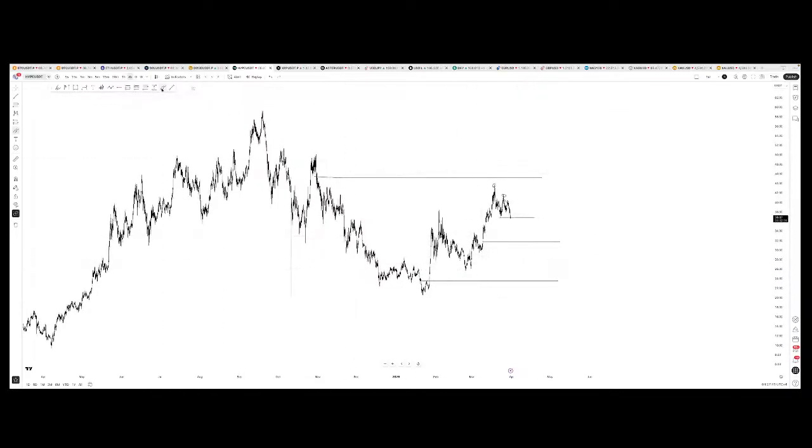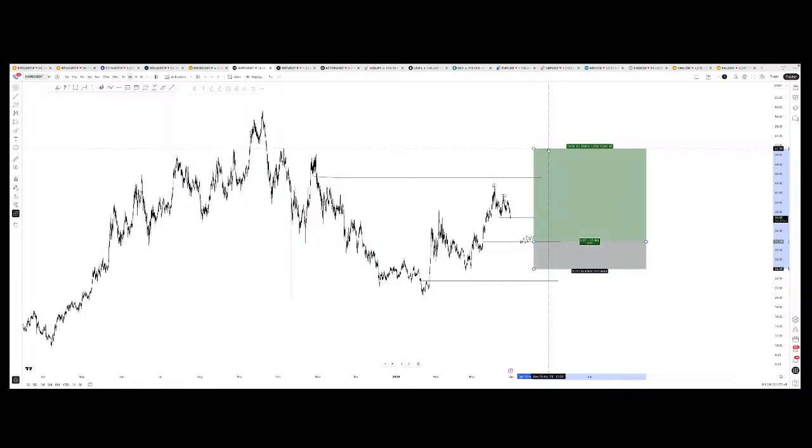For now, as I said, if I see a good breaker structure in this area, I would be willing to go for a long from here towards either this specific area 45, or even higher, as I said, at 50, 51.